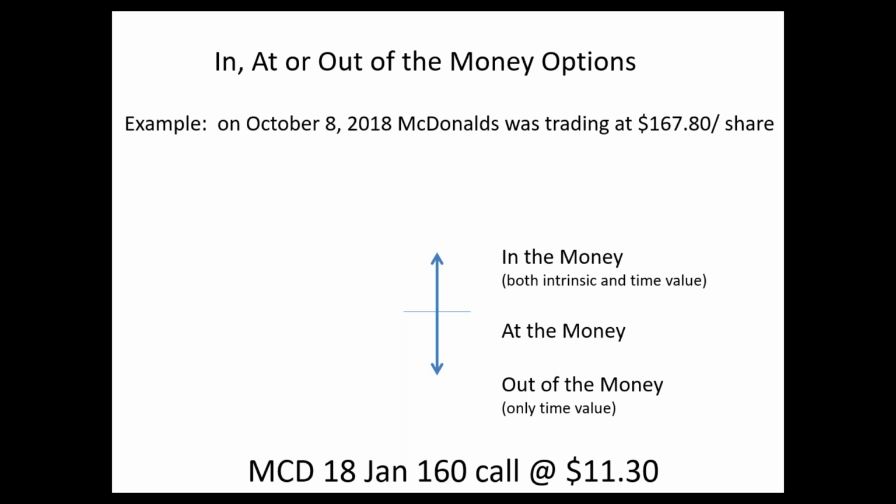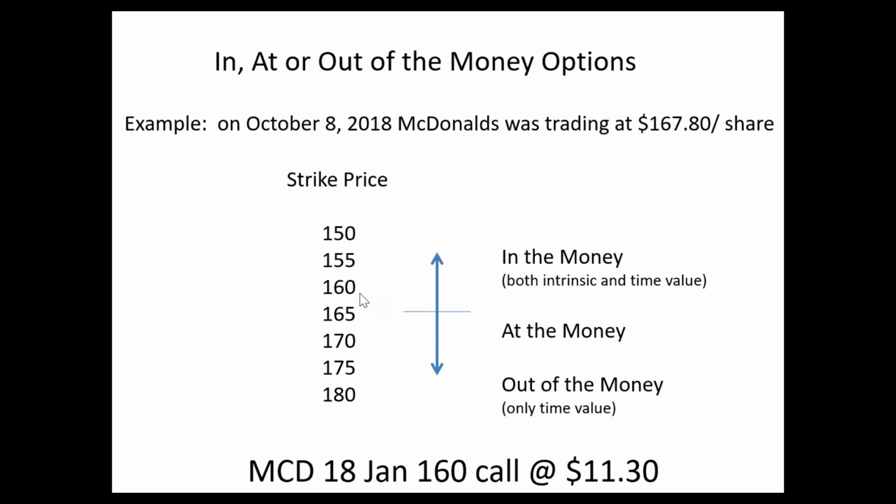And our example is on October 8th, 2018, McDonald's was trading for $167.80 per share. So let's look at these strike prices. You got this one right here for 160. So it is in the money.